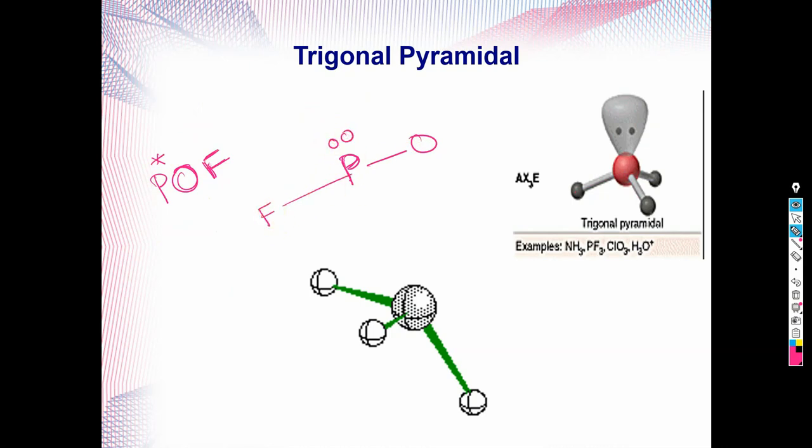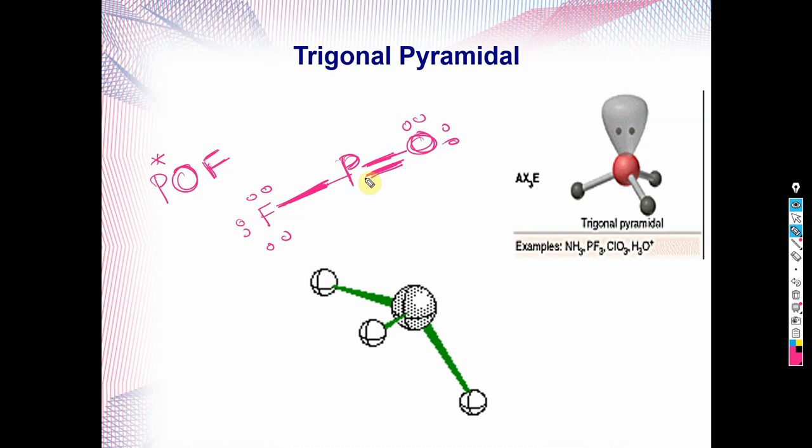Before we do that, I want to first make sure that oxygen gets a double bond. So take care of the peripheral atoms. Oxygen is usually 2 bonds and 2 lone pairs. Fluorine is only 1 bond and 3 lone pairs. So phosphorus, like nitrogen, likes to have 3 bonds, but here since oxygen needs 2 bonds, you're going to have a double bond on one side, a single bond on the other side.